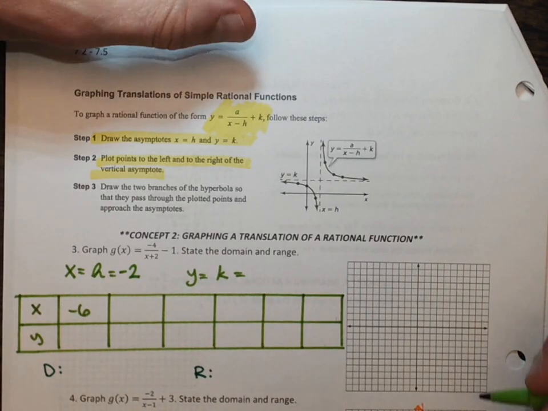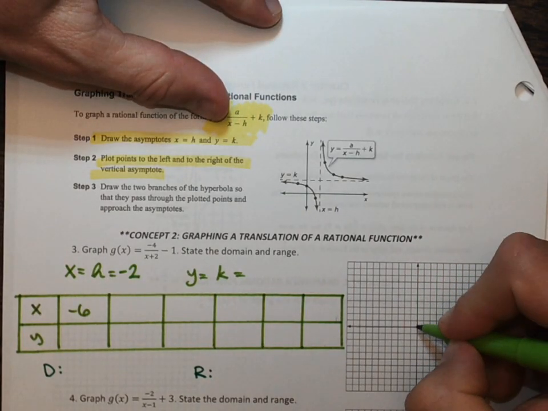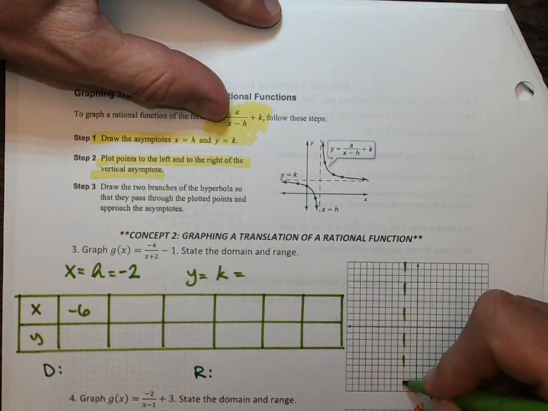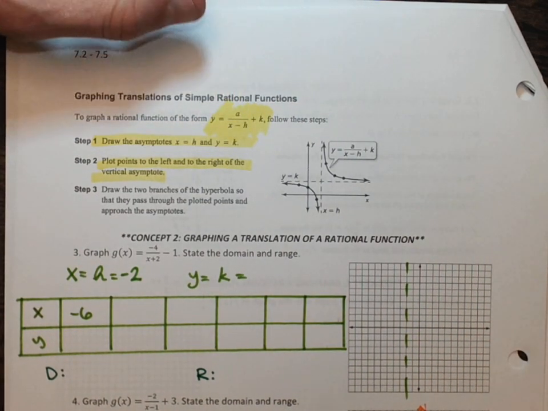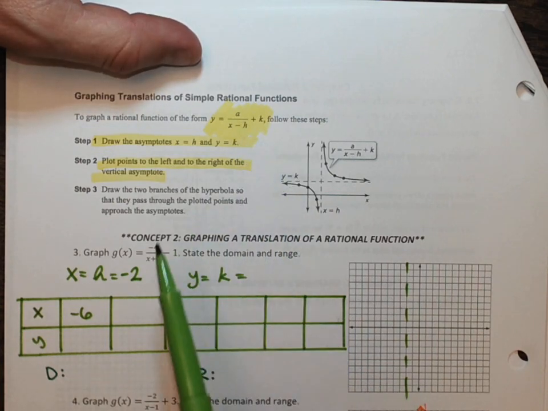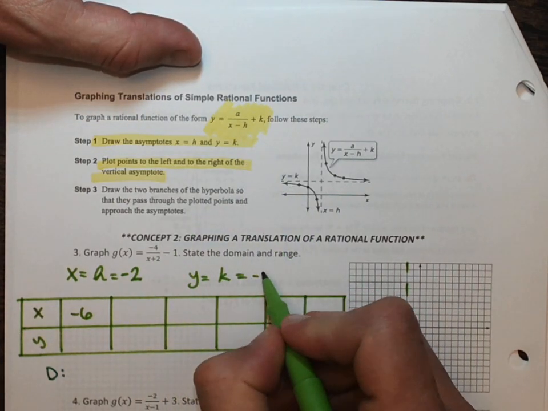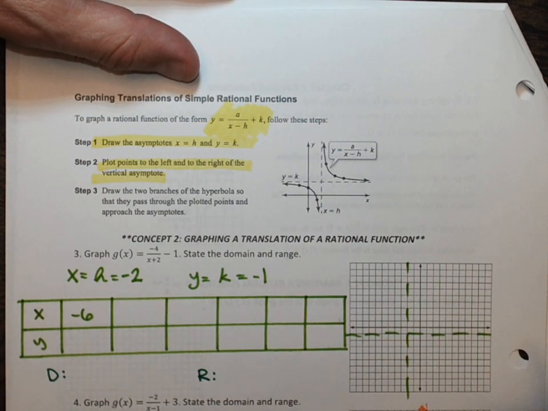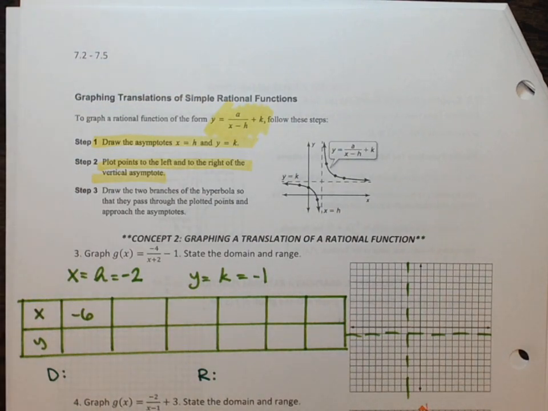I'm just going to go ahead and dash x equals negative 2. I move to the left, right there. And then I have k, and it's plus k, and I have negative 1, so y is negative 1, and there are my asymptotes.